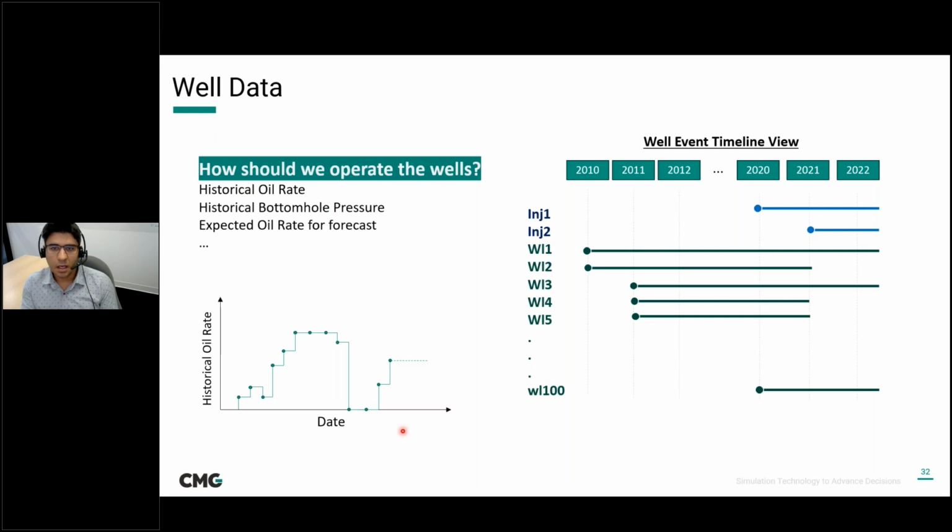For instance, we have a tool called Well Event Timeline View. What this tool does for you is it visualizes when each well is coming online and if it's getting shut in, and it will help you QC the data, making sure that the wells are operating the way they're expected to.